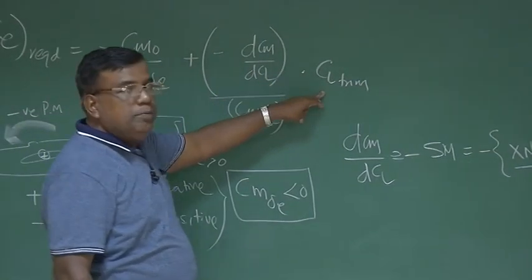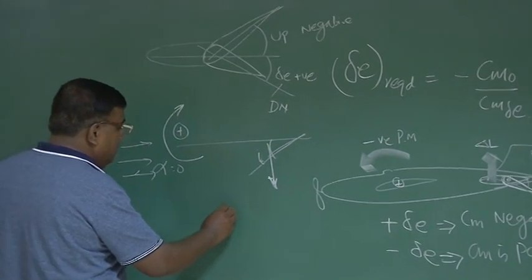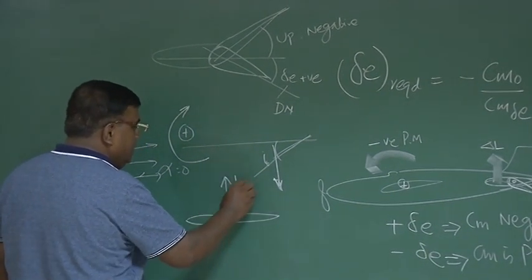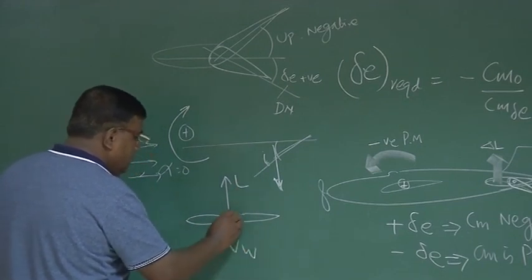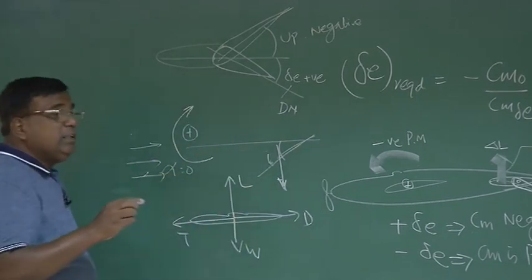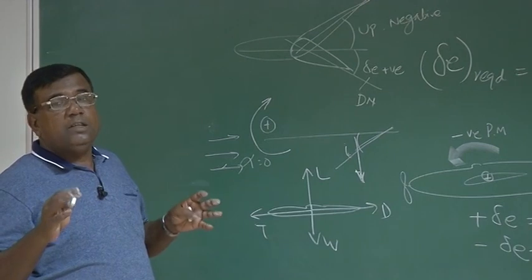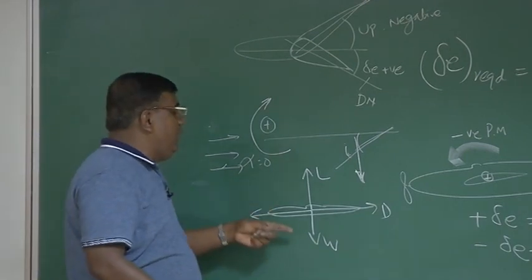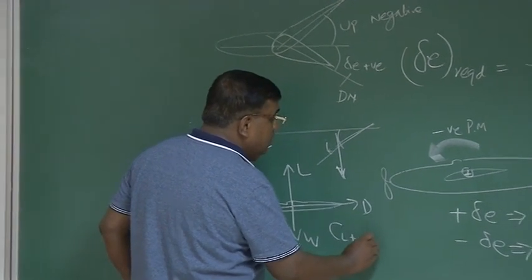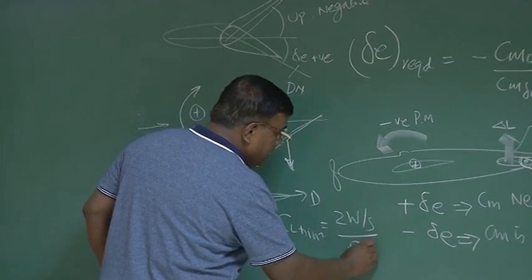What about CL trim? How do I physically understand what CL trim is? I told you, if the airplane is flying with lift equal to weight, thrust equal to drag, because we have taken cruise as our equilibrium, all these examples assume that cruise is our equilibrium. So lift equal to weight, thrust equal to drag, then CL trim will be 2W by S by rho V square.